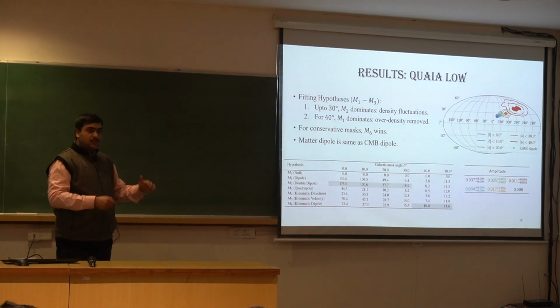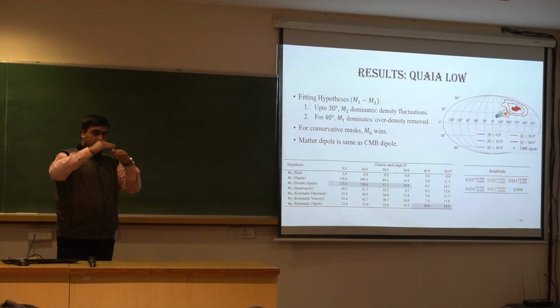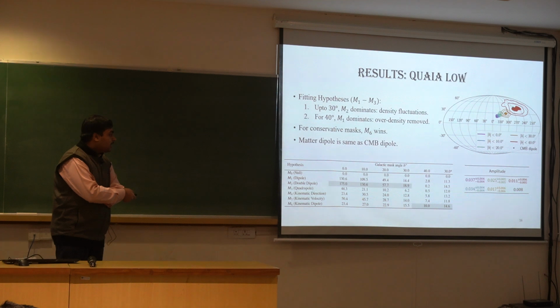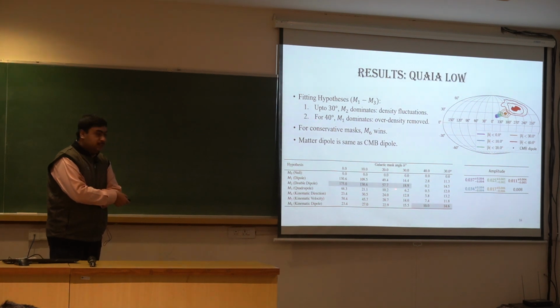if you are removing sources up to 30 degrees and are retaining sources at greater than 30 degrees in your catalogue, then the double dipole is dominating. For your 40 degree mask, your matter dipole is the same as the CMB dipole. Okay, how do you make sense of this?